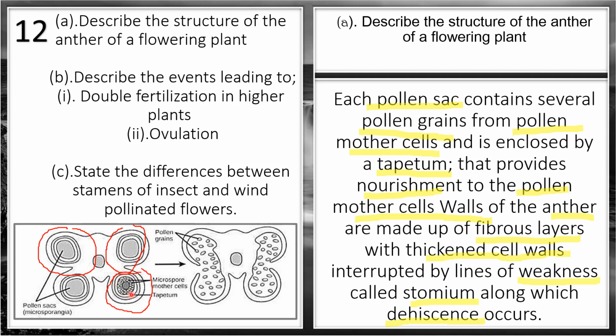Now these mother cells are surrounded by a layer which we call the tapetum, which provides nourishment to the mother cells of the anther, and it has lines of weakness over which it breaks and then discharges the pollen grain content.